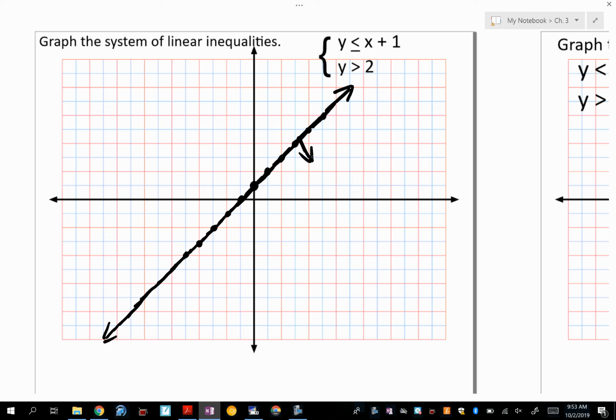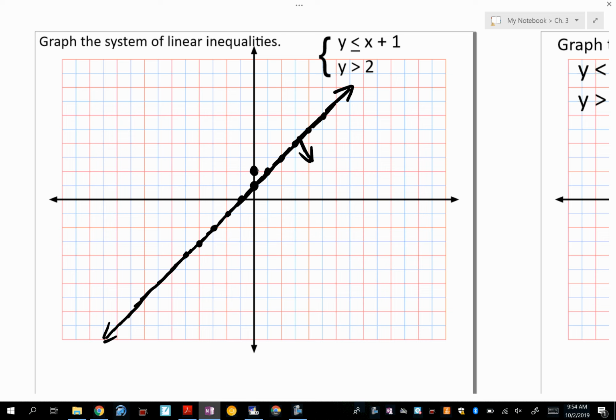Now let's look at the next one. Oh, the next one doesn't have an x. So that means it has no slope. So I go to my y-intercept at 2, and what kind of line am I putting through that? Horizontal.